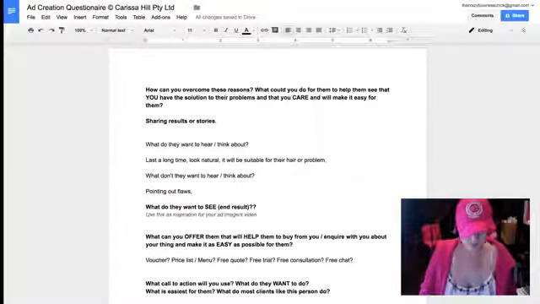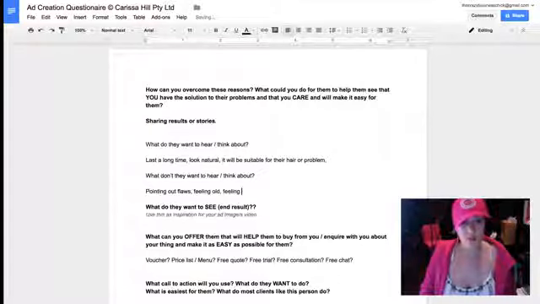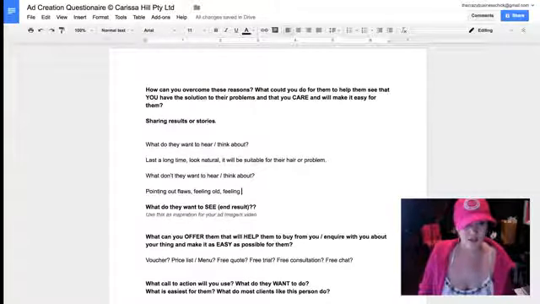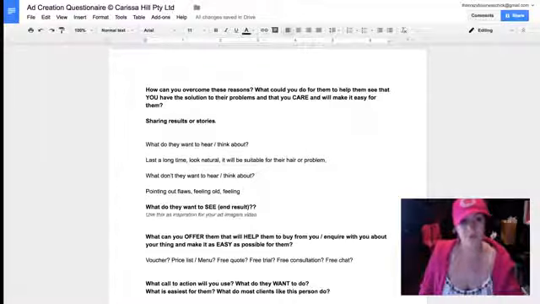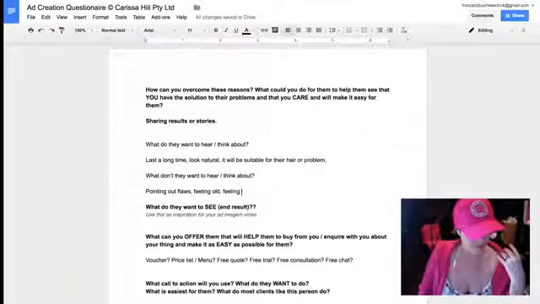Pointing out flaws, feeling old, this is what Facebook does, like when it says, are you feeling stressed or frustrated or fat? It doesn't want to make people feel bad, because they don't want to hear that stuff. They want to hear that it's going to solve their problems. You need to know what their problems are, but you don't need to point them out.